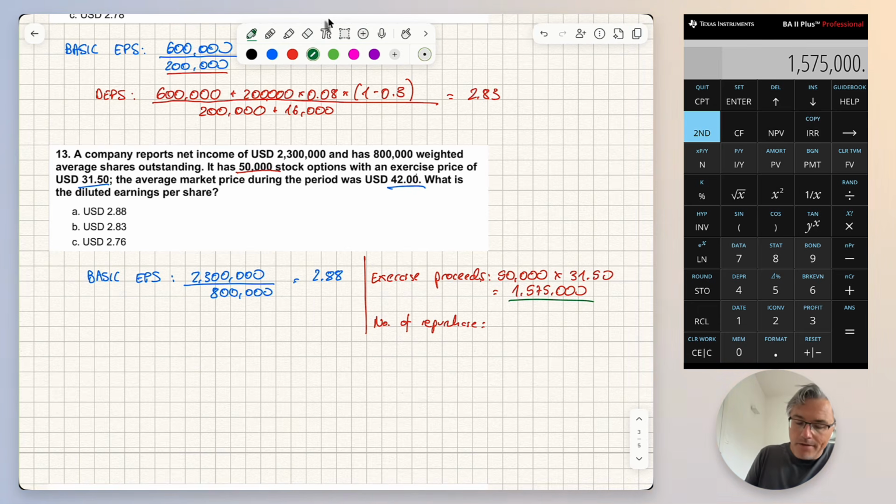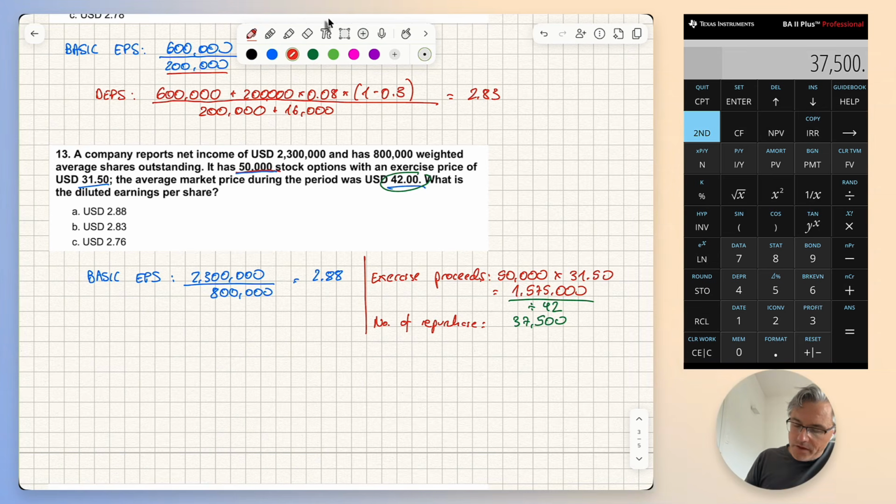Now, the average price of the shares in the market over the period was 42. So take that figure, divide by 42, and that would enable the repurchase of 37,500 shares, which is quite a lot, or a significant majority of the 50,000 that the stock options would convert into in terms of ordinary shares.